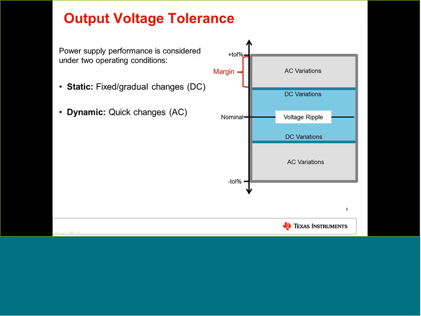You can see it here. These are the quick changes, also called AC variations. And these are then on top of the DC variation. You can see here, for example, we have the nominal voltage, and we have plus and minus 5% tolerance of this FPGA power rail, for example the core rail. And what you can see here as well is that, if we have calculated the DC variation, then up to the maximum tolerance, we have some margin for the transient of the DC-DC converter.